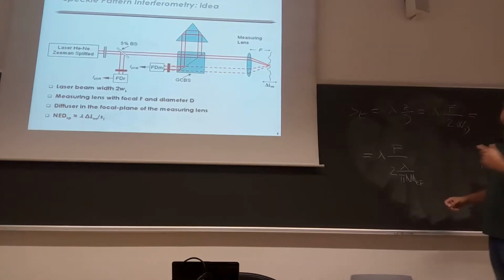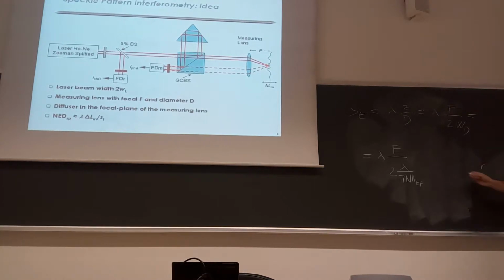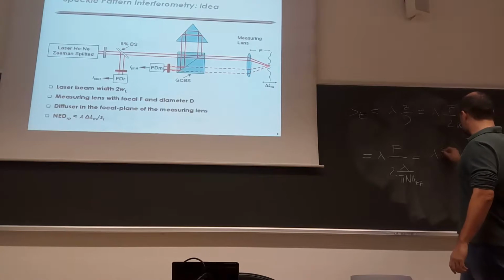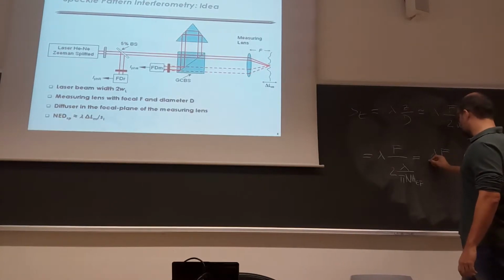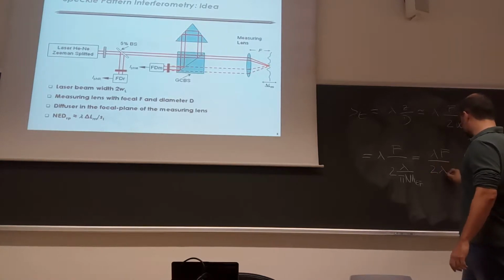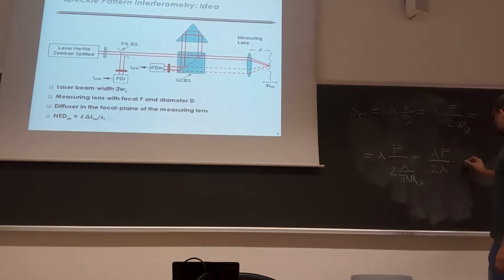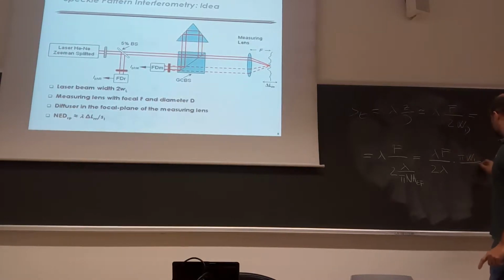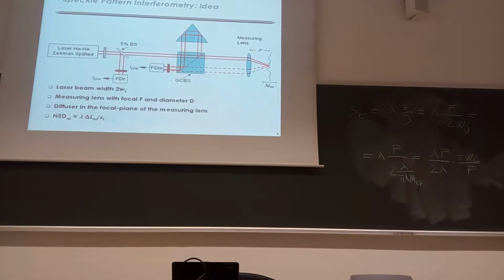But if you recall that the effective numerical aperture is given by, okay, so we have lambda F divided by 2 lambda multiplied by pi L divided by F. Okay? It should be correct. Then we can simplify something.